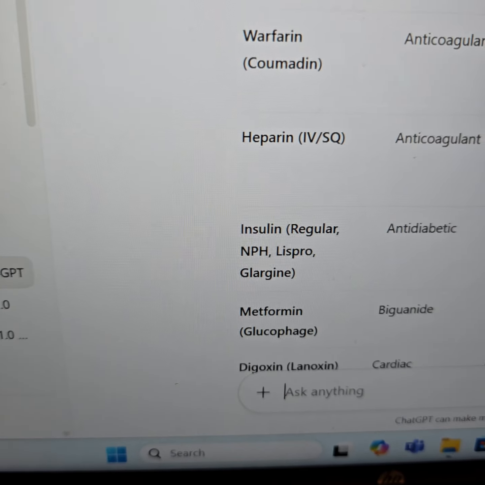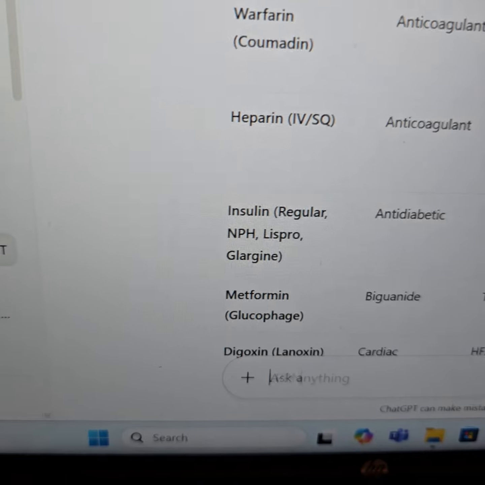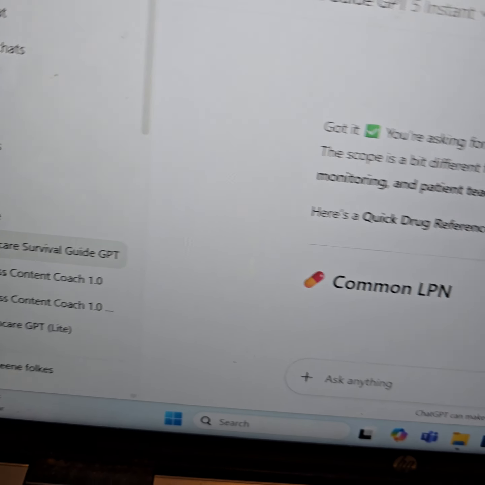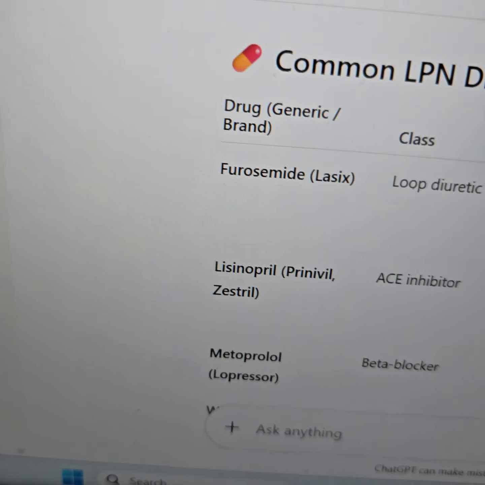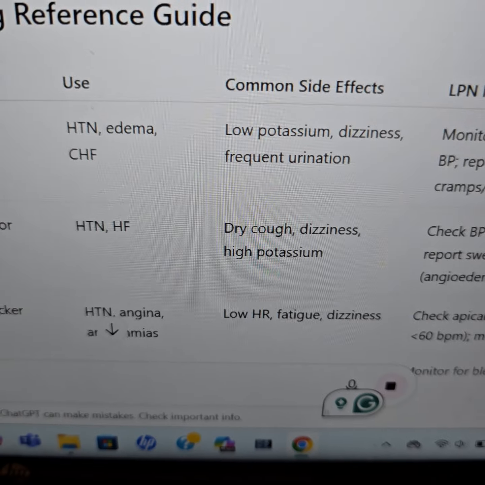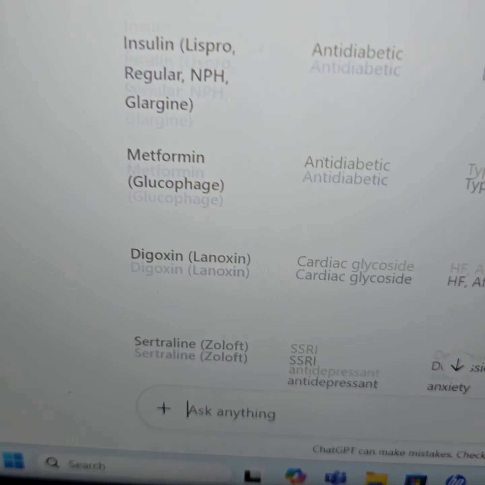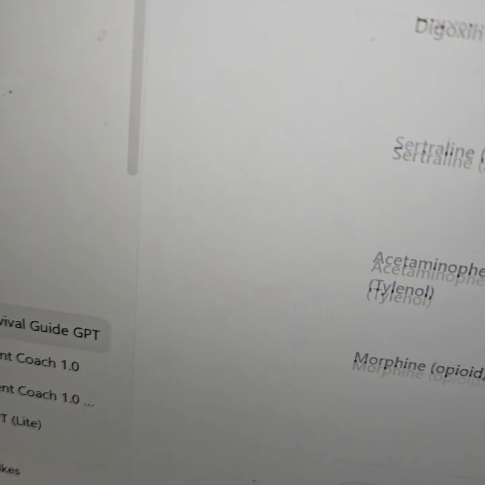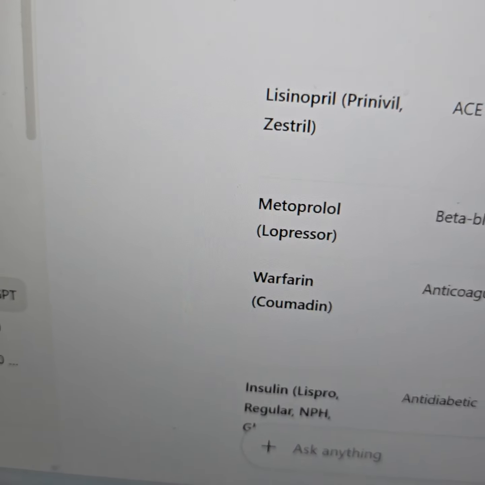And basically, for an LPN, let's say you narrow it down to LPN, right? So as an LPN, these are what you administer as well. It's basically the same thing as the RN would do. But as you can tell, the LPN is a little limited, right?